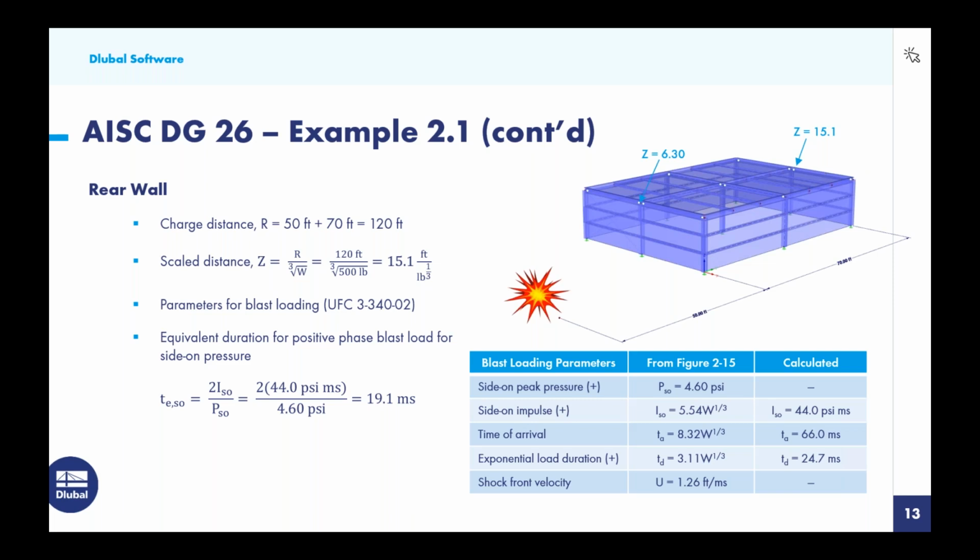We don't have any type of reflected load occurring here, so that higher magnitude is not of interest to us. Now, we do need to calculate that equivalent duration for the positive phase blast load. And again, we run this calculation with 2I over P using this data here with our new Z value, and we get 19.1 milliseconds.